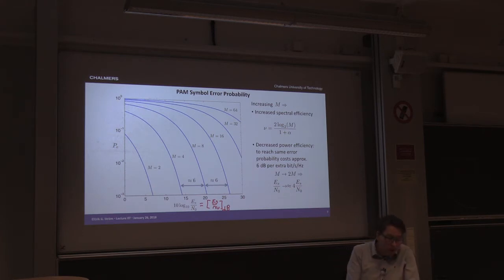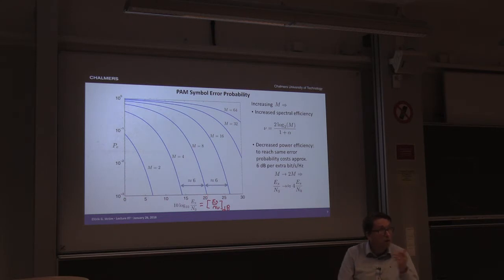As a matter of fact, every time we double the signal alphabet size, which means that we add 1 bit to the signal constellation, so this is 1 bit, 2 bits, 3 bits, 4 bits, 5 bits, and 6 bits, right? Every time we increase the signal constellation by 1 bit, we have to pay approximately 6 decibels in power to get the same error probability.